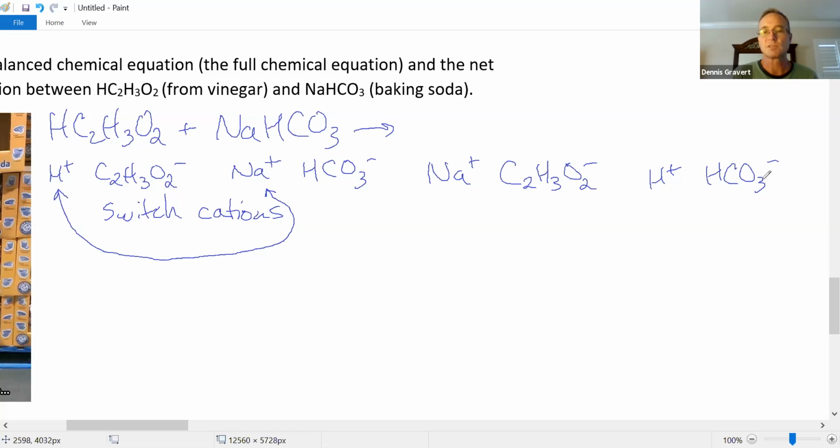Okay, so some of you are saying, wait, I thought you said the 3 bases were hydroxide ion, ammonia, and carbonate, CO3 2-. Yeah, we'll have to throw this one in there too. I don't think you needed to know that bicarbonate is a base.